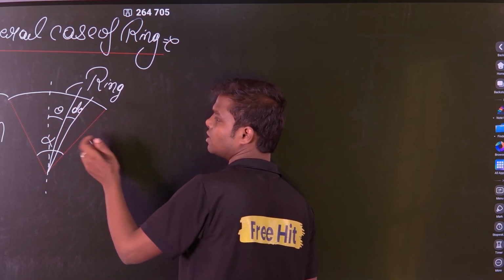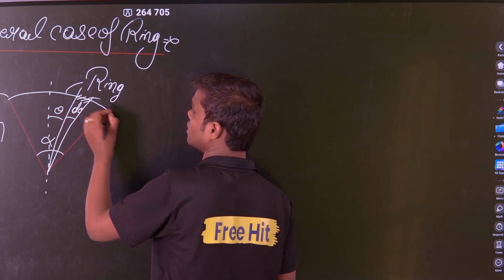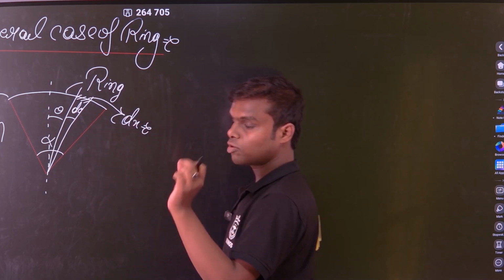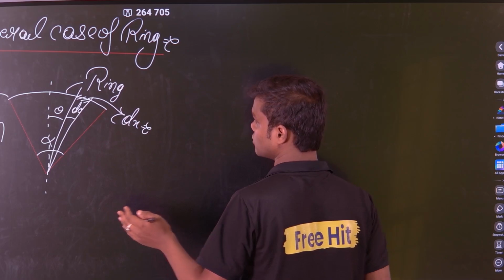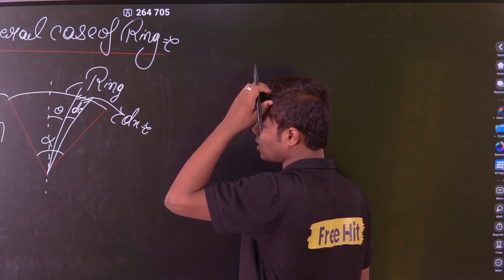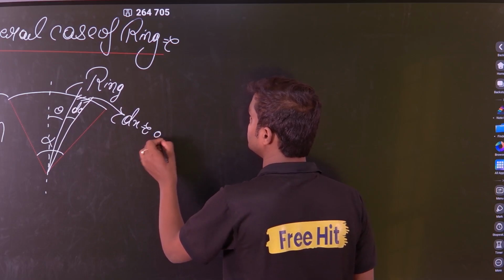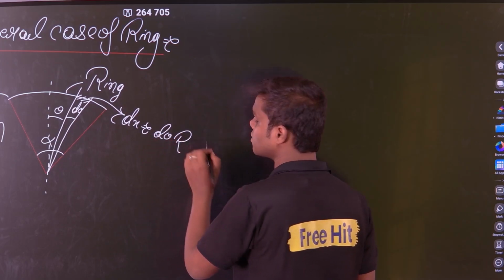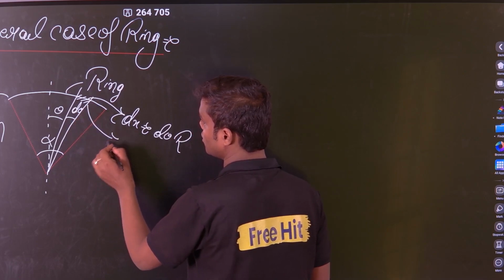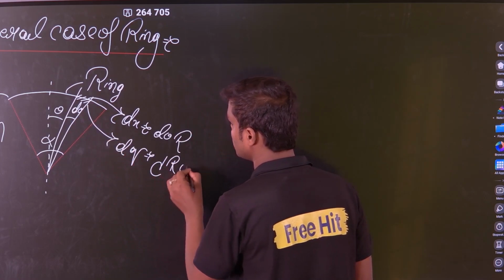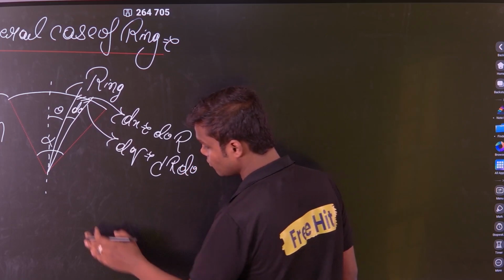This is a small element d theta, and suppose this length is dx. What will be that dx? That is the small length, arc is equal to theta into radius. So theta is d theta, and radius is R, correct? So what is my dq in this small element? My dq will be lambda R d theta. So what is the value we will get?